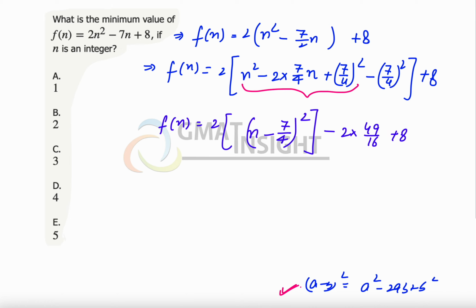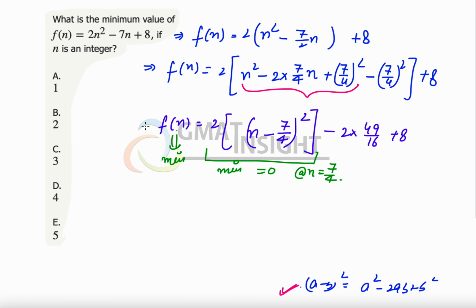Now the question is that we have to minimize it. In order to minimize it, this part should be as small as possible, and it can never be negative because it is a square of something. So the minimum possible value of this part is 0 when n is equal to 7/4.